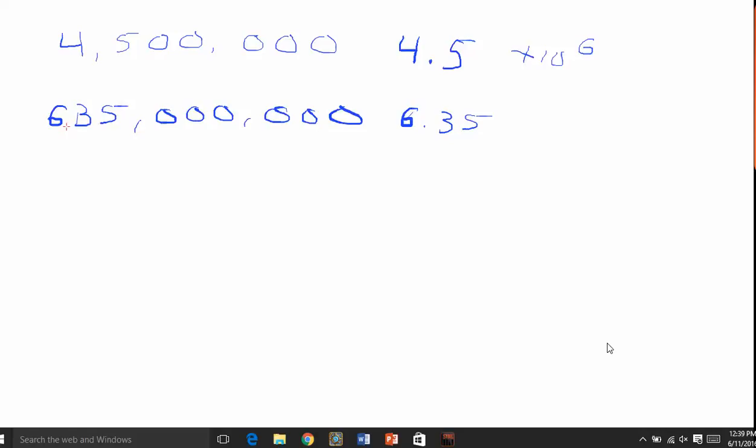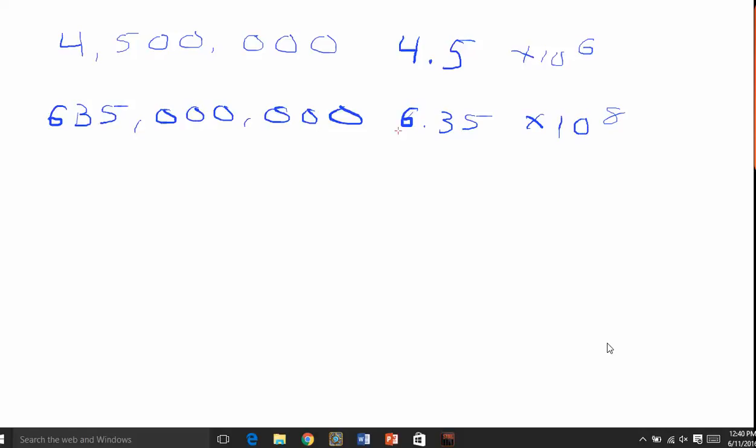And then I have to count how many times I have to move the decimal. 1, 2, 3, 4, 5, 6, 7, 8. So it's to the right, so that's a positive 8. So it's 6.35 times 10 to the 8th. And that's basically it. That's how we go from large numbers to scientific notation.